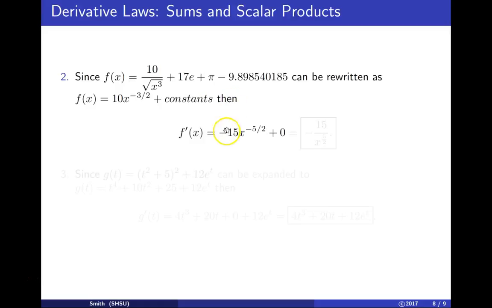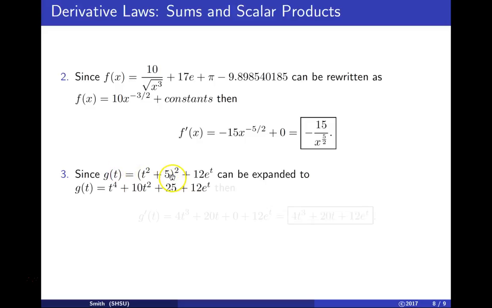So my derivative is minus 15x to the minus 5 halves plus 0, or minus 15 over x to the 5 halves. If g of t is this expression, I can square this out and expand it to rewrite the problem this way, and then power rules and derivatives of constants being 0, derivative of e to the t is e to the t, so there's my answer.